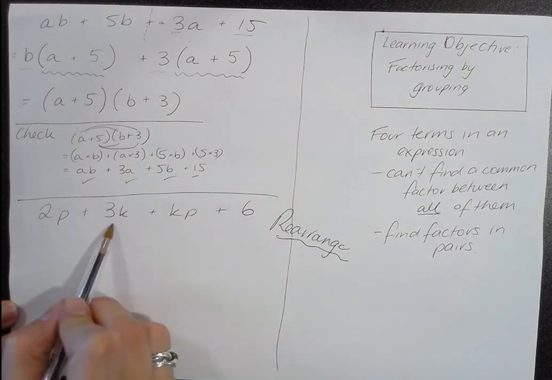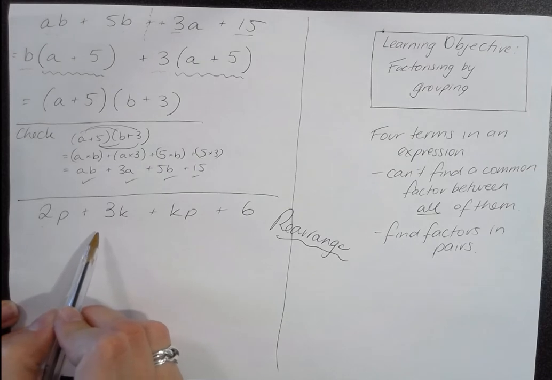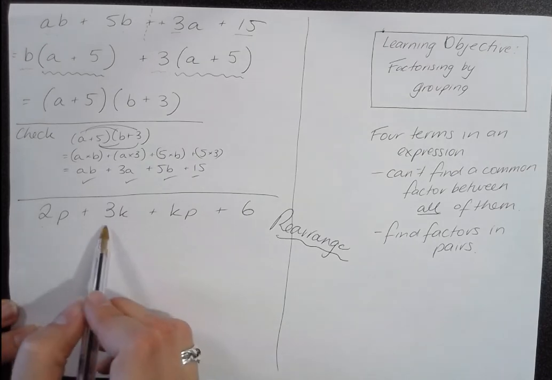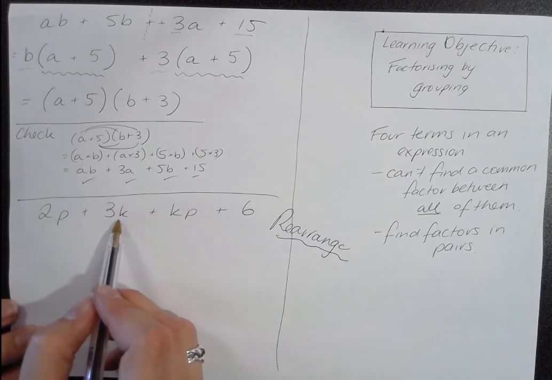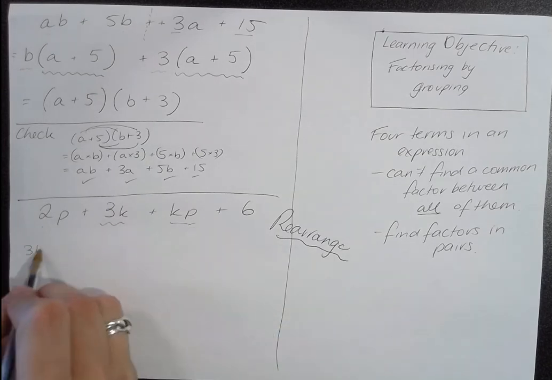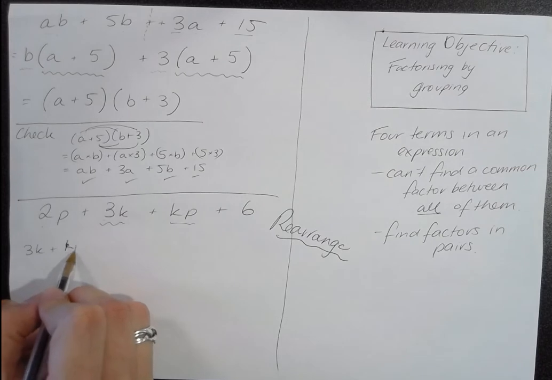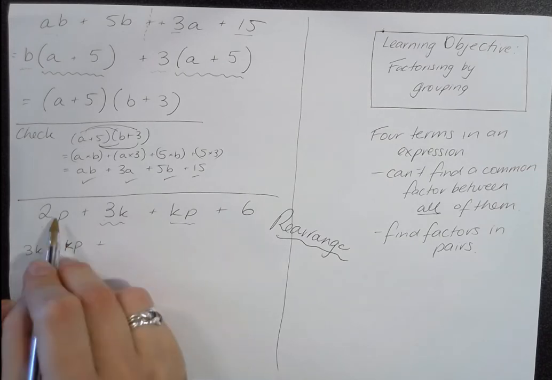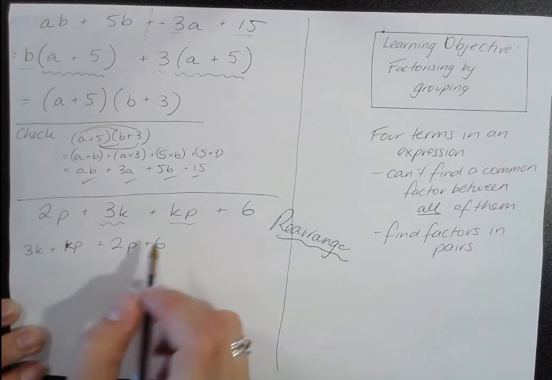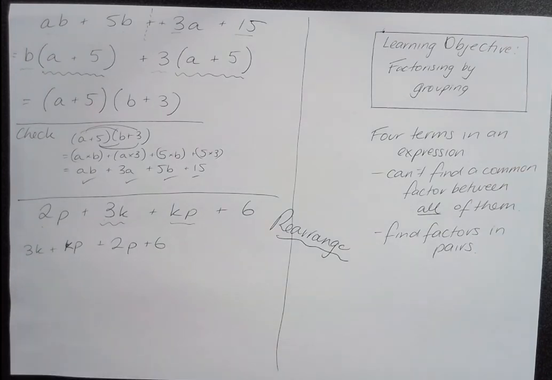If we look at 2P and 3K to start with, they don't have much in common apart from, say, the number 1, but that's not really going to be helpful. We can have a look over here and go, all right, there's a K and a K. So let's put these two together: 3K plus KP, and then put the last 2 in, so 2P plus 6. We've got the same terms, we've just rearranged it.